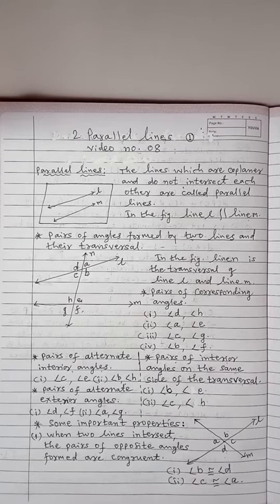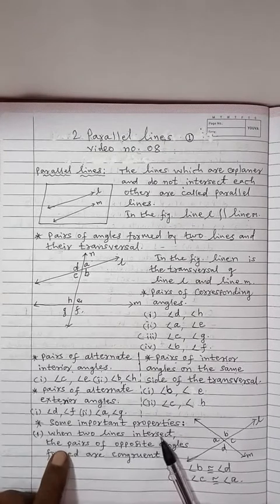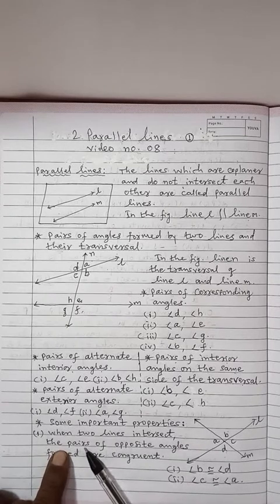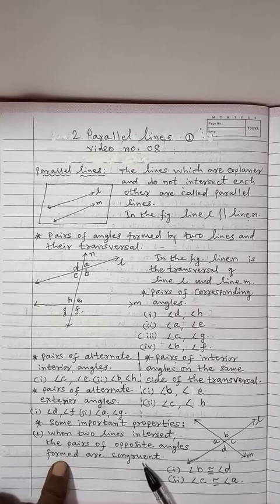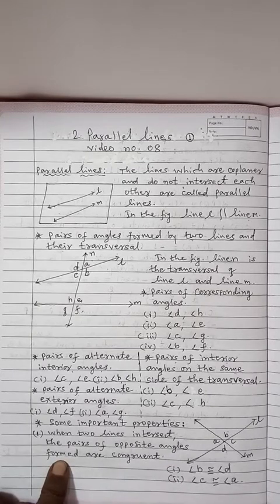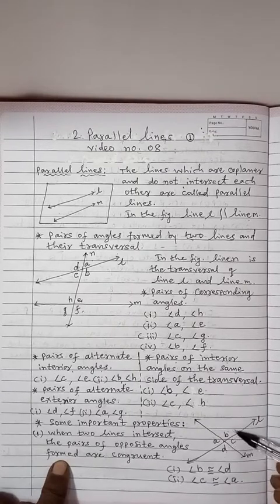Property number 1. When two lines intersect, the pairs of opposite angles formed are congruent. Here line L and line M are intersecting at this point. Here we get four angles. Notice the property: pairs of opposite angles.